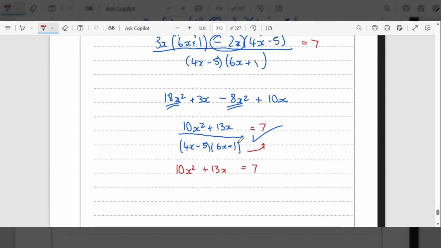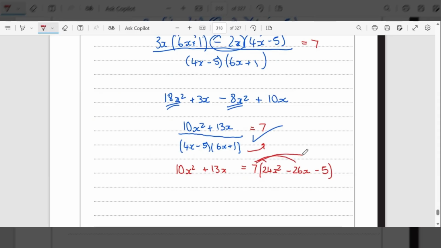And if it was this question, you would have to expand this. So you'd end up with 24x squared minus 26x, if you take your time and do this, maybe stop the video and check it, right? Minus 5, you'd have to times all those by 7.